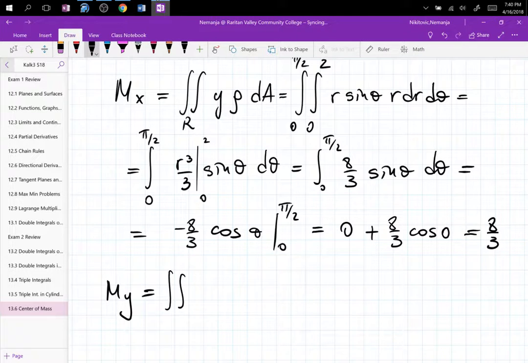So the double integral of x rho dA, with limits 0 to pi over 2 and 0 to 2.